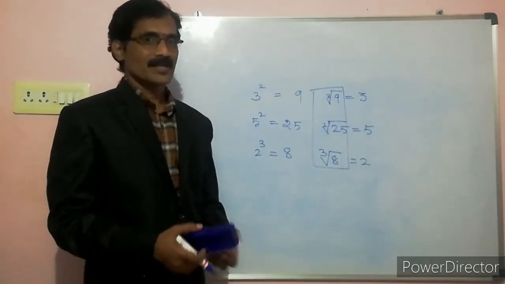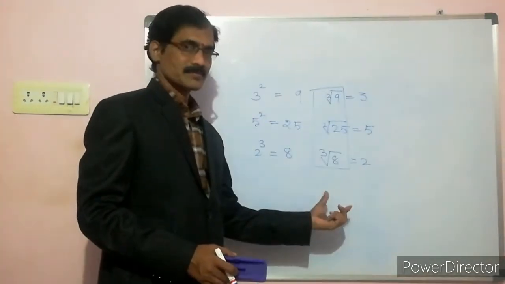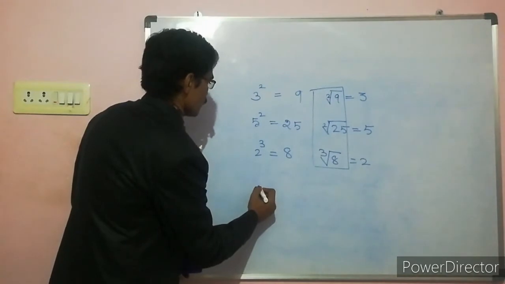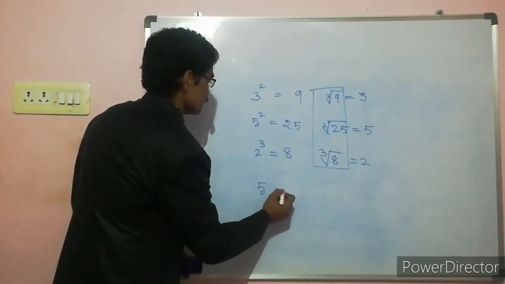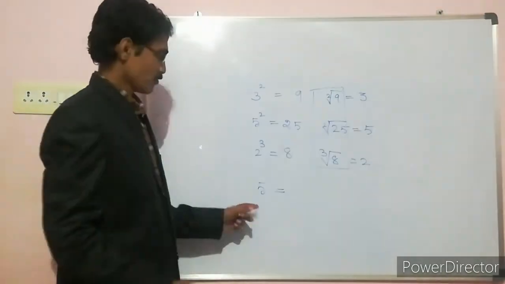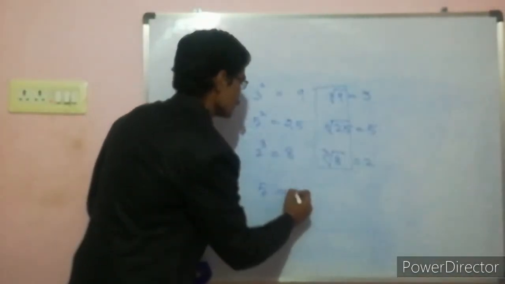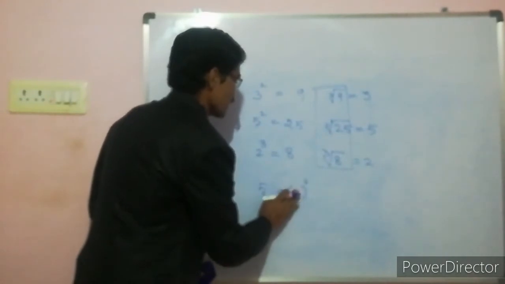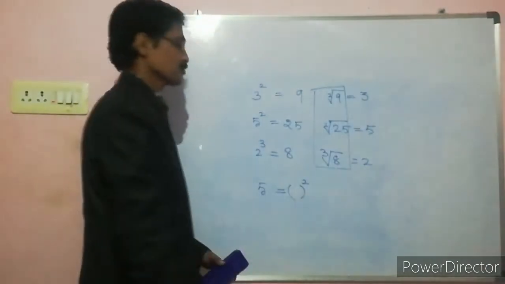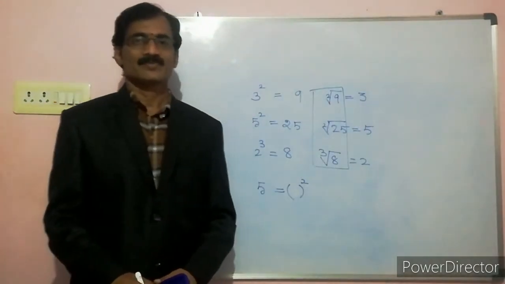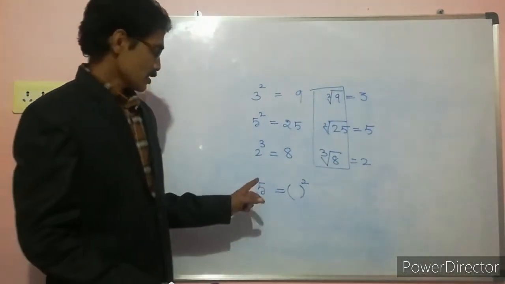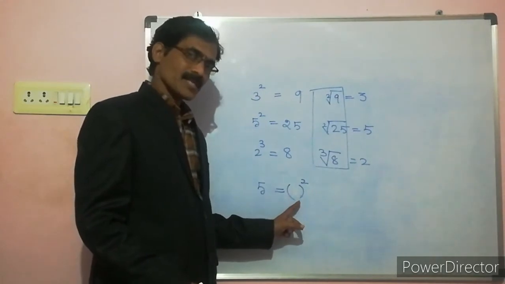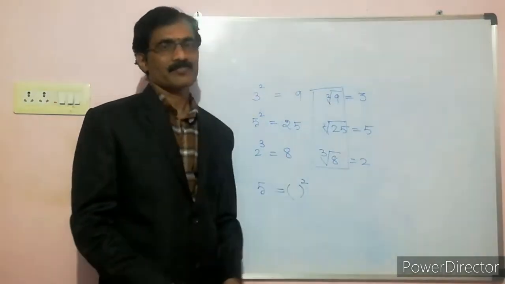If you cannot write in this type, for example, the number 5, can you write 5 in the form of any number power 2? Okay, let us think. Can we write 5 in the form of any other number square?